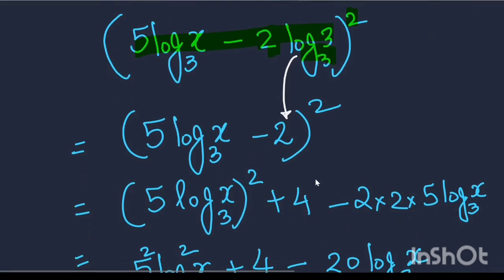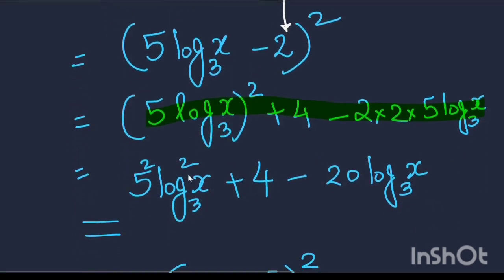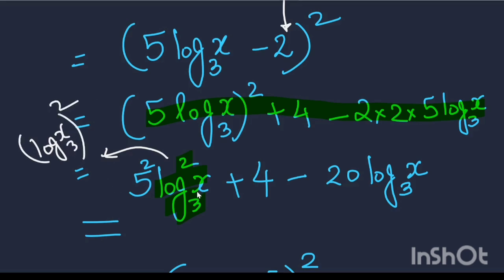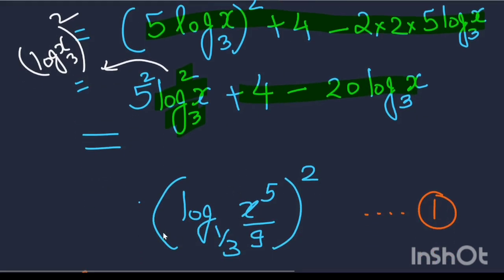Squaring using (a minus b) whole square, we get a square plus b square minus 2ab. This becomes 25 (log x base 3) whole square plus 4 minus 20 log x base 3. So this is the simplification of the second term, and this whole thing equals this.